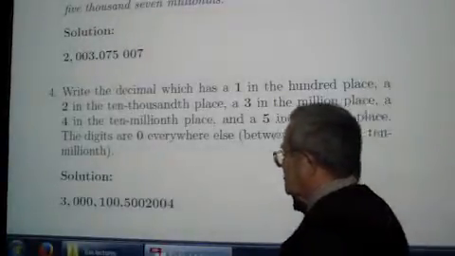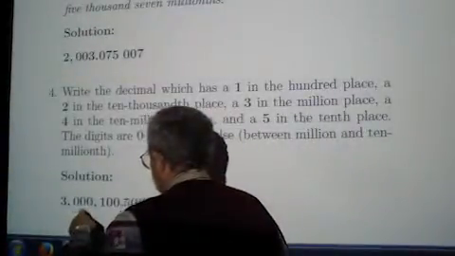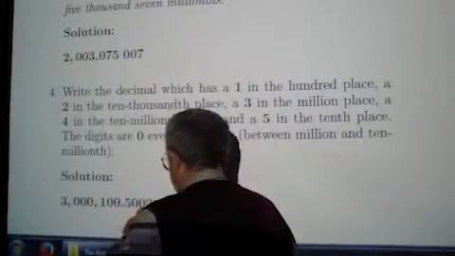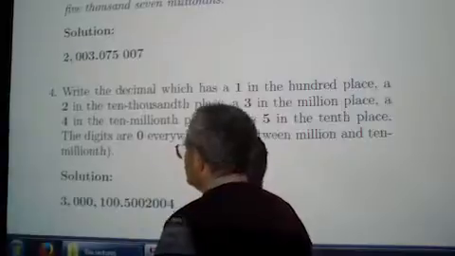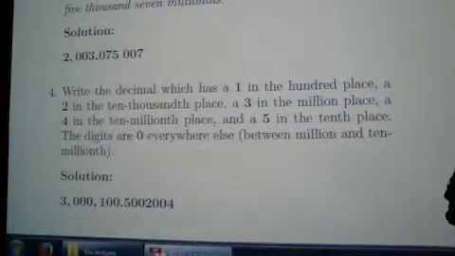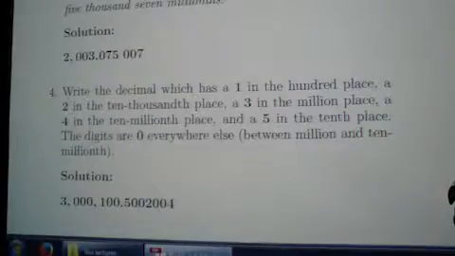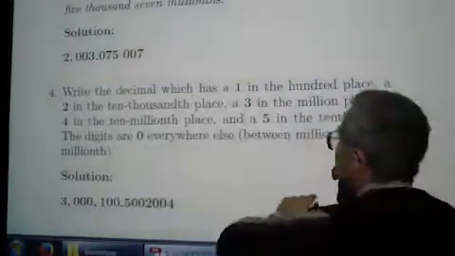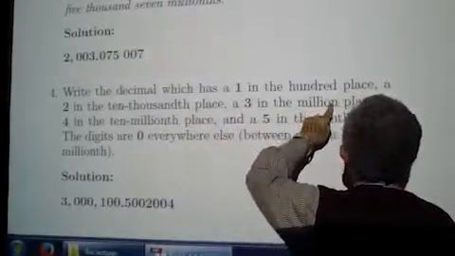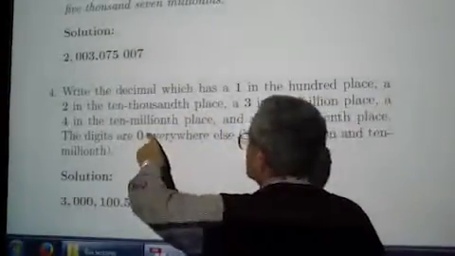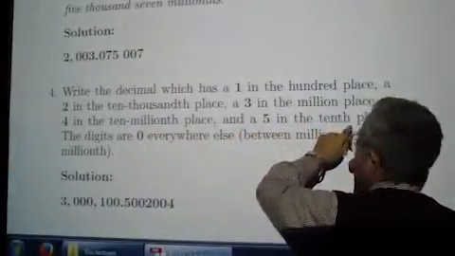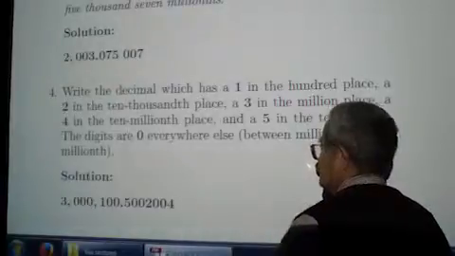So you come up with 0.5102034. That was probably a little bit quick. Sorry about that. 1 in the hundredths place, 2 in the ten-thousandths place, 3 in the millionths place, 4 in the ten-millionths place, 5 in the tenths place, and a 0 everywhere else.